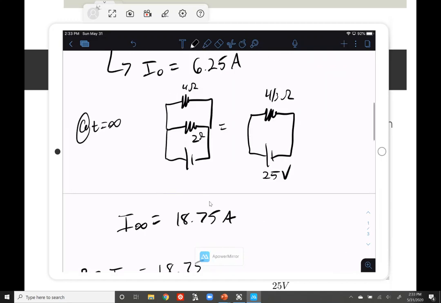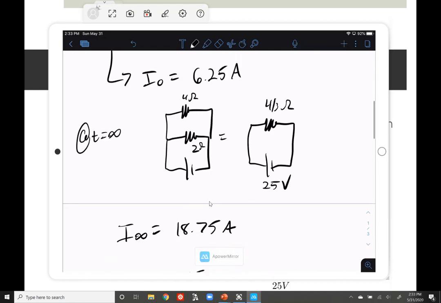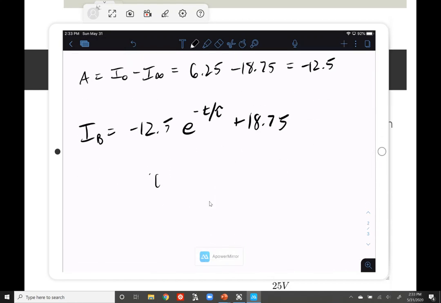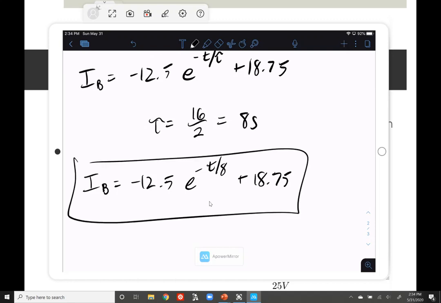Well, we know tau just comes from the loop rule, and only the resistance within that loop should contribute. So tau should just be 16 over 2, because the 2 is the only resistor in that loop. So in total, our full expression of how the current in the battery evolves over time has been fully specified.